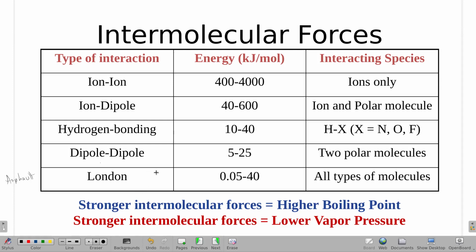Now, also on here, at the very top, we have some forces we didn't talk about, ion-ion. Well, we did actually. That is an ionic bond. Now, ionic bonds are an intramolecular force, but they're also inter, because they are just attraction between the different ions. So ionic bonds are kind of inter and intramolecular forces.